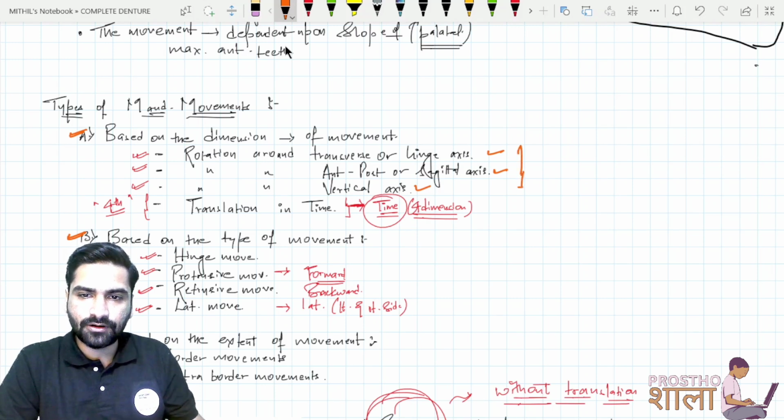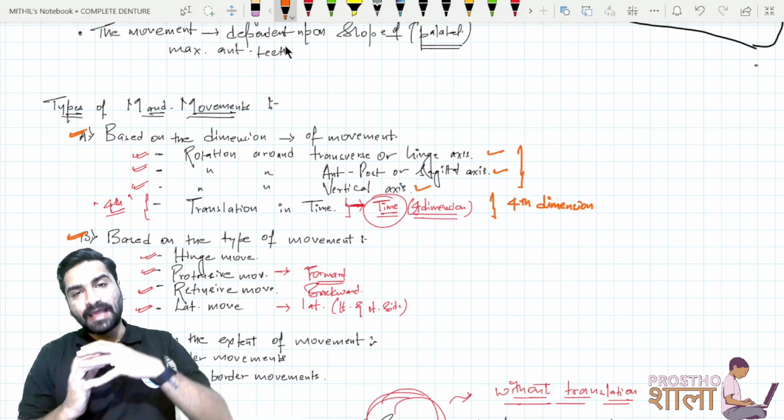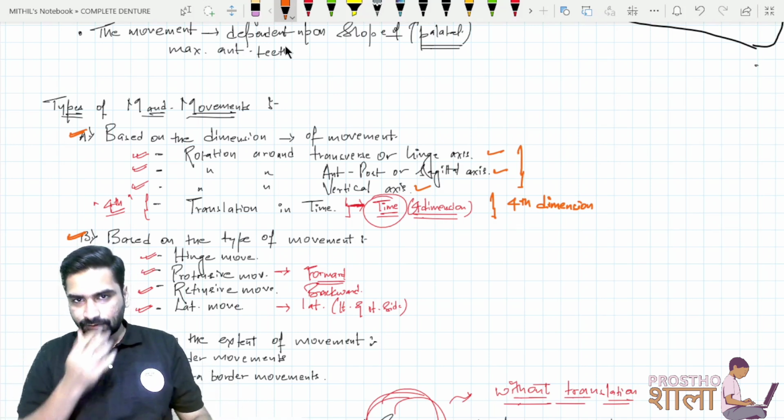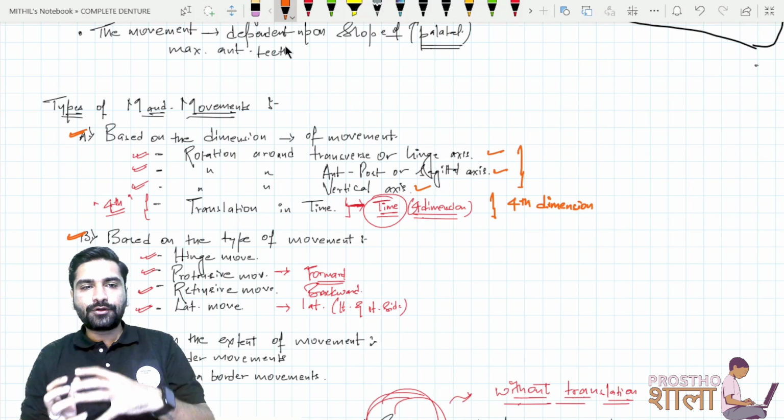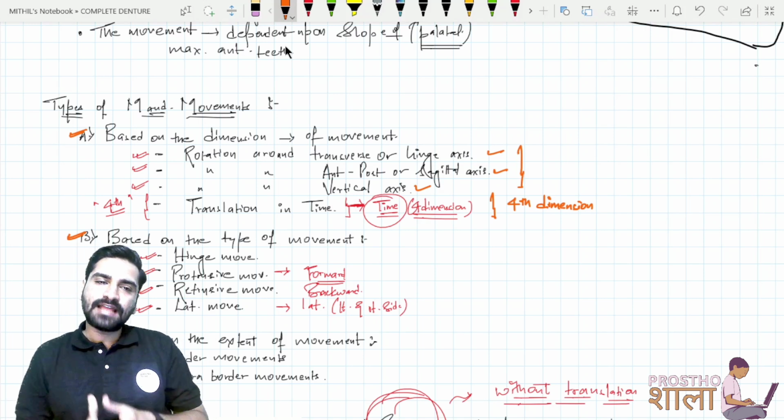Combining all these three, we have included the fourth dimension, right? The fourth dimension here is time. So in relation to time, what is the movement of mandible in 1 second, in 2 seconds, at the third second? So translation in time is a fourth dimension which is added, right?